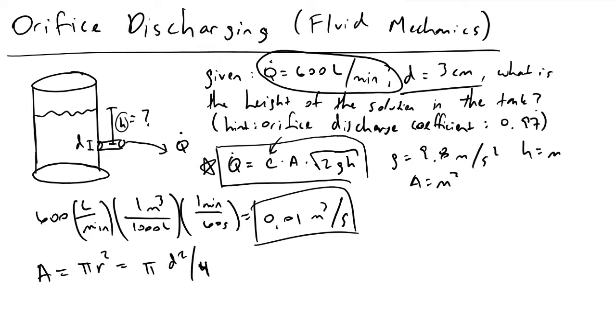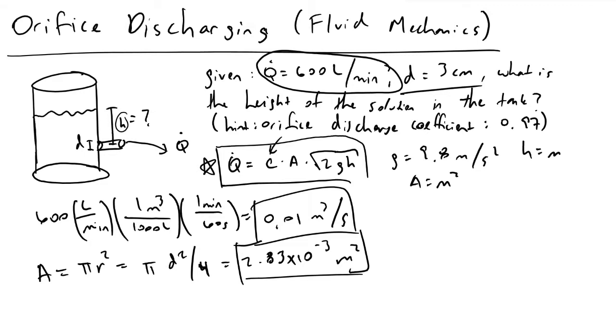What this ends up being, if we plug in the numbers and then convert everything back to square meters, is 2.83 times 10 raised to the minus 3 square meters. And note how we are making sure we keep our dimensions consistent on both sides of our equation.